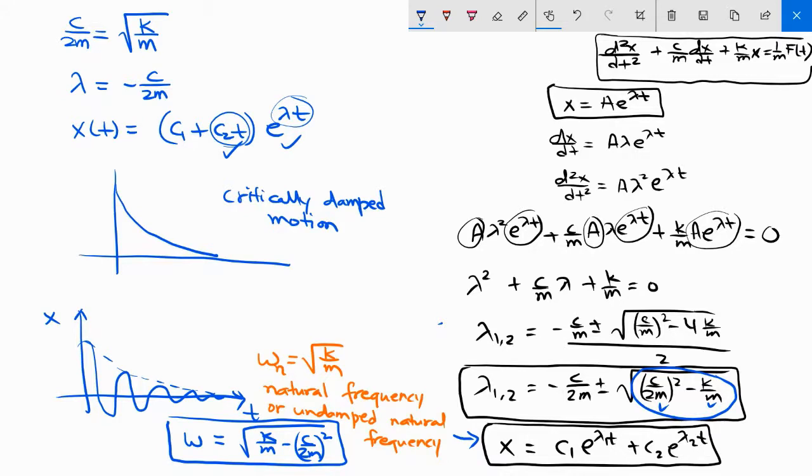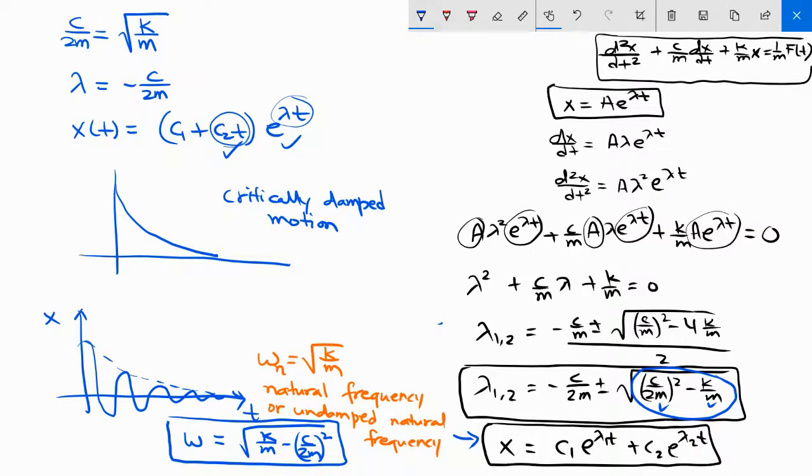But this critically damped motion is important because we will obtain the critical damping constant in this situation, and this critical damping coefficient will be useful again later on as a reference for describing the behavior of the system.